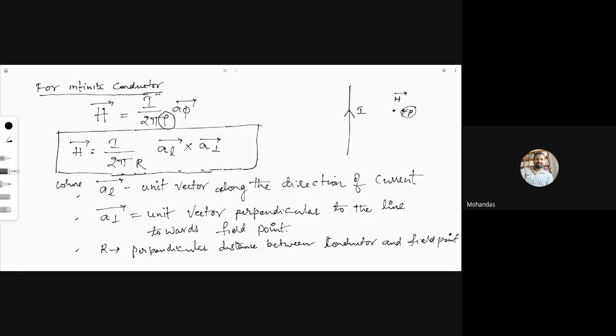Okay. Note down this formula in your notebook and now write the problem on this. Note down a problem.